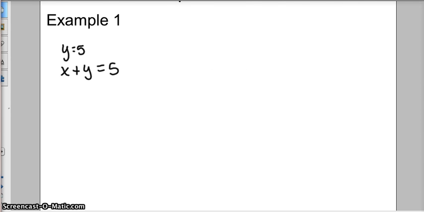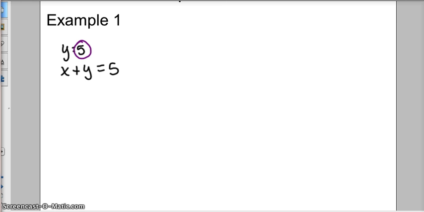Okay, so example 1. So if you remember, our first step is to get one of the variables by itself. Well, if you notice this top equation, y equals 5, the y is already by itself. So this is good for us because we can move on to the next step. So we're going to plug in what y equals. So y equals 5 in this case. Something very simple. This is a really easy problem.